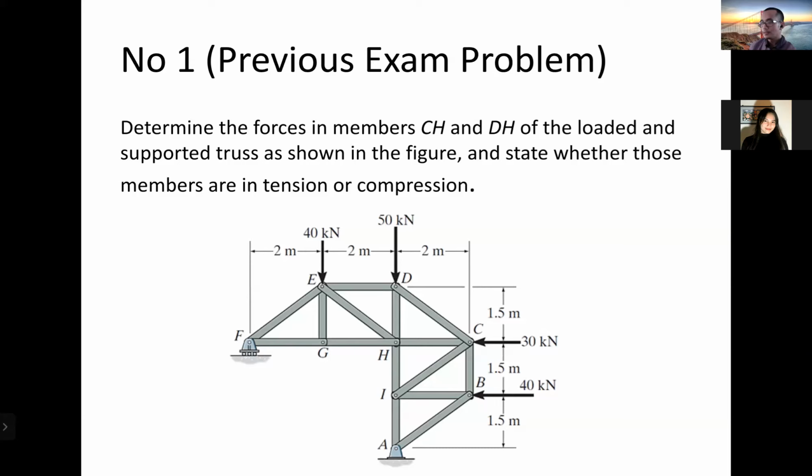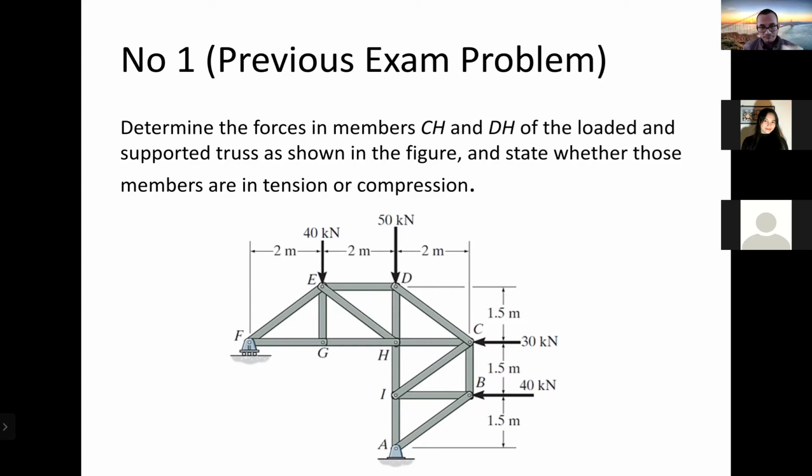So for this one, who just now said that you have a problem with problem number one? Just now, who said that you have a problem with problem one?